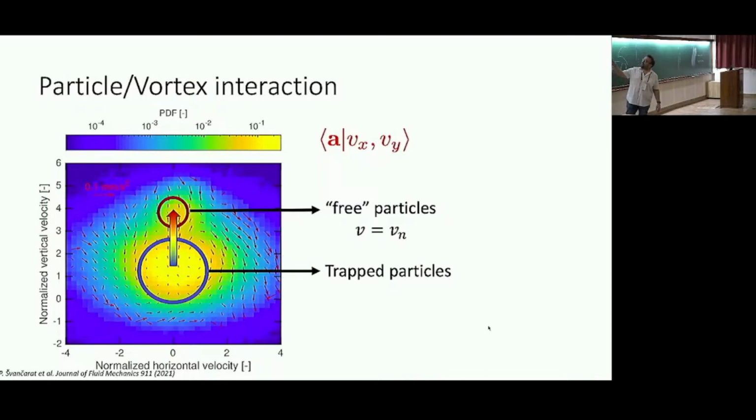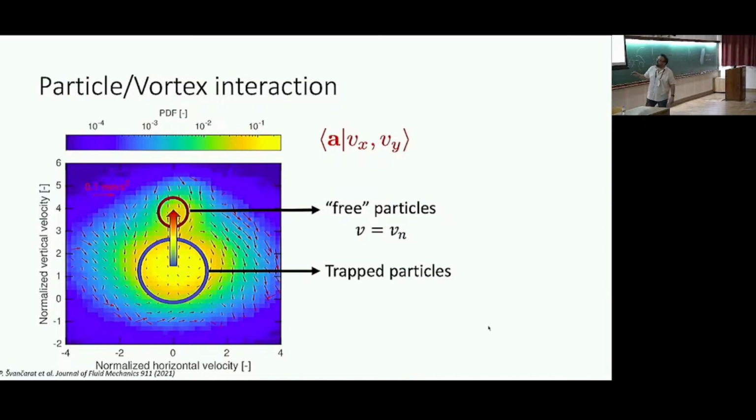This can be backed up by a hand-wavy argument: on top of this PDF, the red arrows here are nothing else than the acceleration of the particle conditioned by the velocity. So I take a point there. It has a horizontal velocity and a vertical velocity. I sort all my particles with this couple of values, I compute their acceleration, and I can plot it, which gives a motion in the phase space Vx, Vy of these particles.